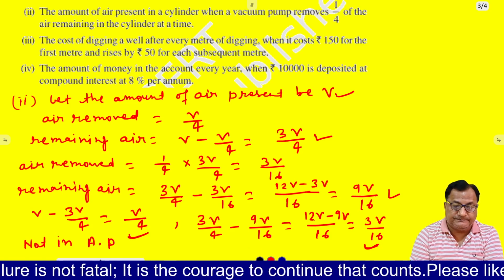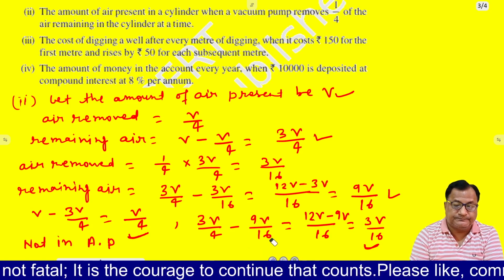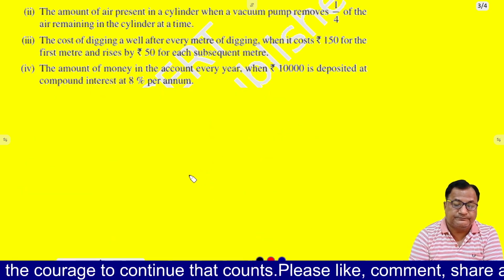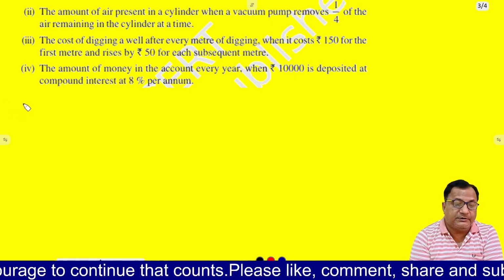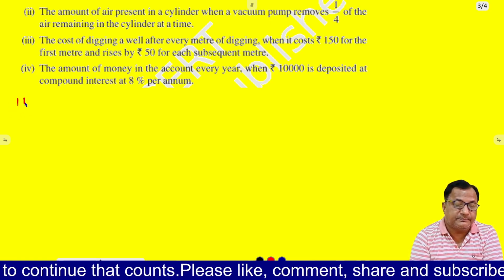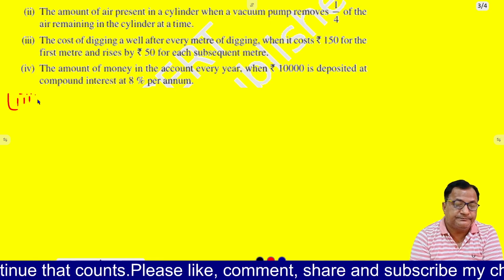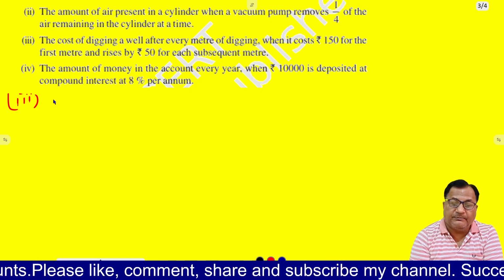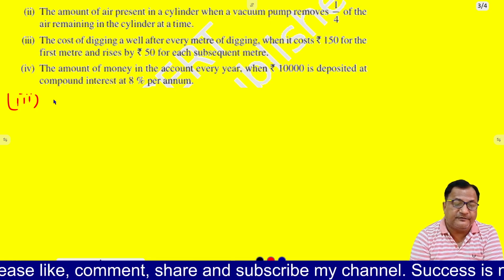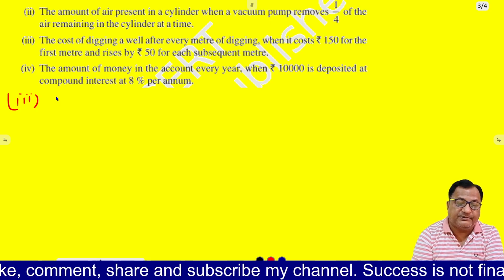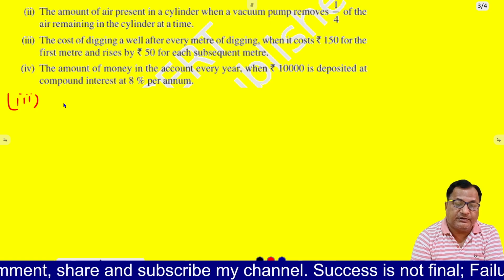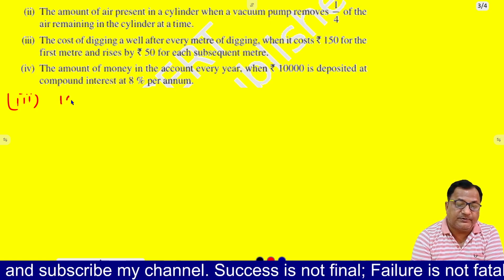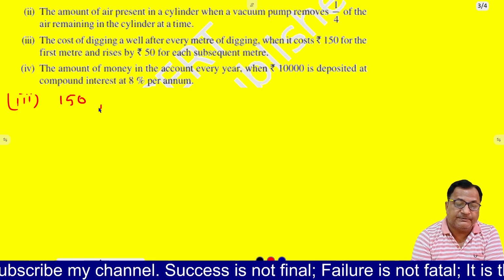Third, the cost of digging a well after every meter of digging, when it costs 150 for the first meter and rises by 50 for each subsequent meter. So it will make a series like this. For the first meter, this is 150.